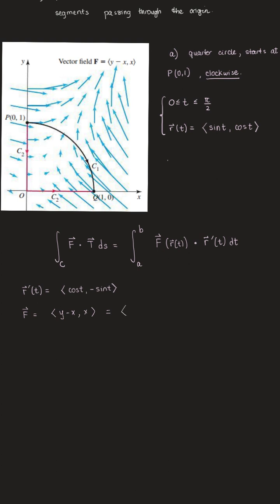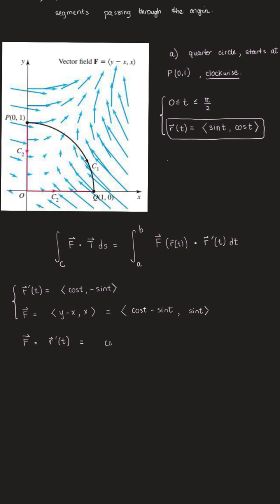So y minus x gives us... no, I'm using r prime. Hold on. Y minus x, we're using r of t up here. So y is cosine t, so this is cosine t minus sine t, y minus x, comma x, which is sine t. And now we're ready to do the dot product of F with r prime of t. So I'm doing the dot product between these two vectors.